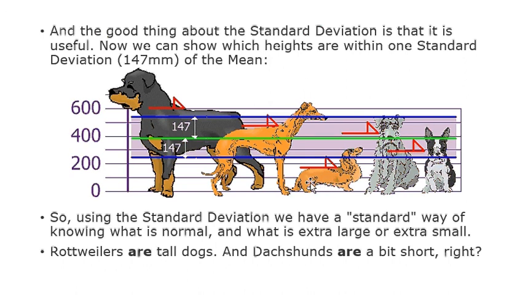So we could now determine what is a normal height, and the extra large height or extra tall height, and we can identify the dog which is extra small in height.